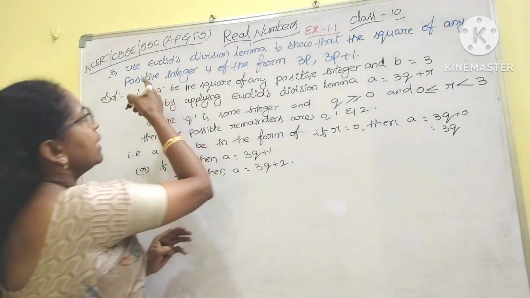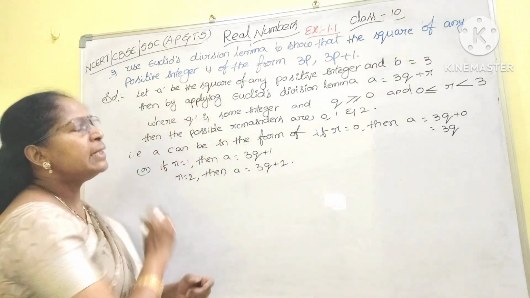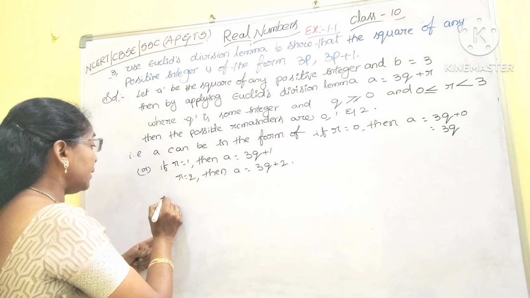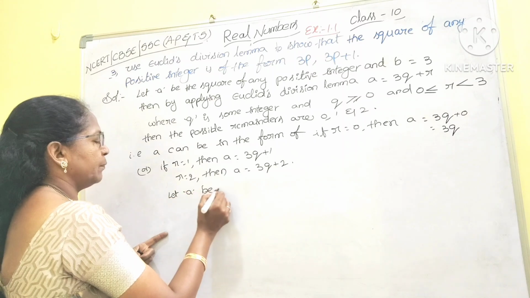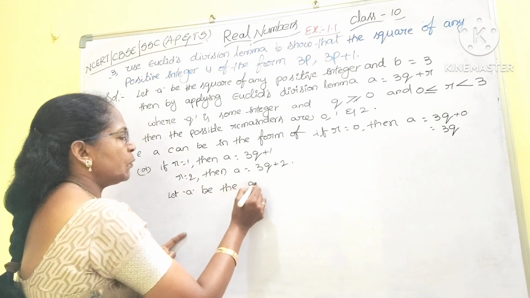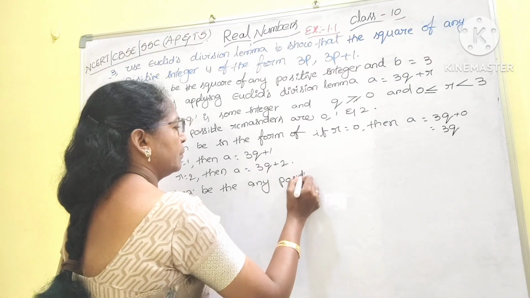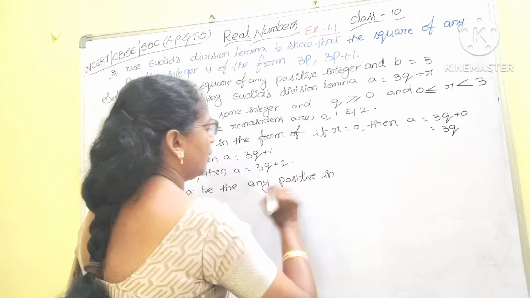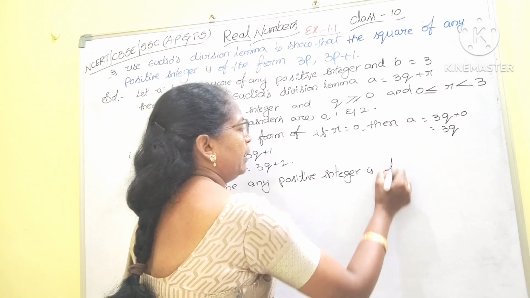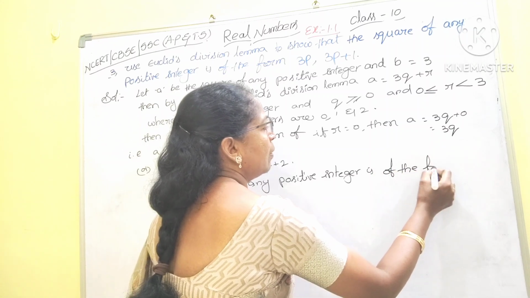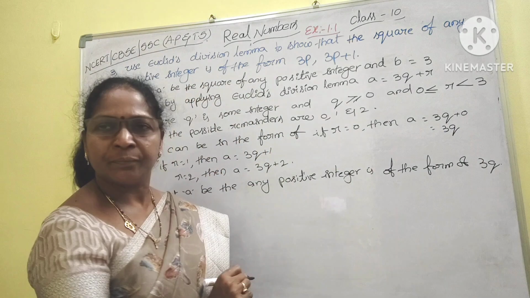But here what is the condition? Use Euclid's division algorithm to show that the square of any positive integer is of the form 3p or 3p plus 1. Let A be any positive integer, of the form 3Q.